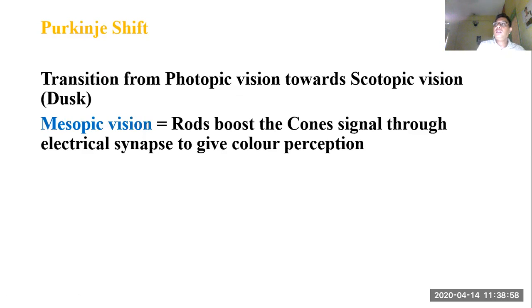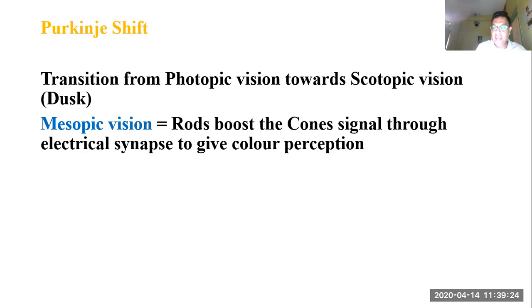So there is almost no delay, almost no decay, to give color perception. So at dusk, we may be able to perceive some color. It is not like absolutely dark, as in the moonlit night or starlit night, where we don't see any color. We only see shades of gray. It's black and shades of gray. So during mesopic vision, we can see some color.